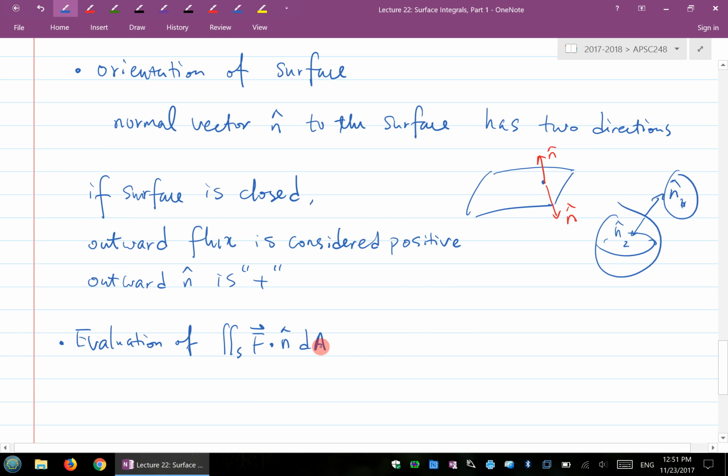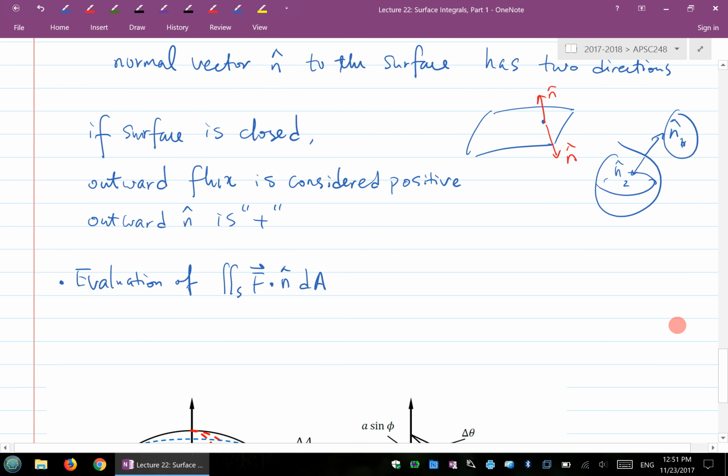As I explained, you don't need 3 variables to evaluate this surface integral. You need 2 variables to evaluate a surface integral. So we're going to look at some special cases here. Actually, at the end, we're going to look at maybe a more general case. So let's look at each one of the cases here.